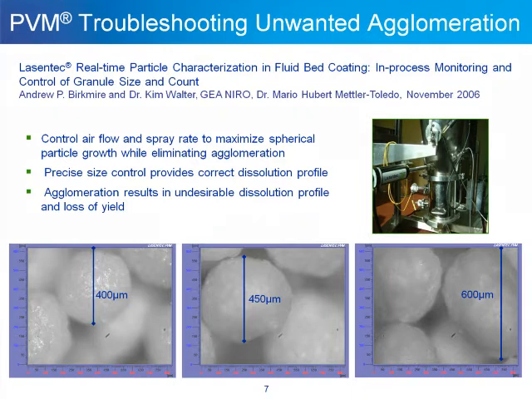And you can see in the images below the nice growth of those particles over time. Those are snapshots, just images at several points in time as we progressed during the granulation. Precise size control provided the correct dissolution profile for these particles, and agglomeration resulted in undesired dissolution profiles and a loss of yield.